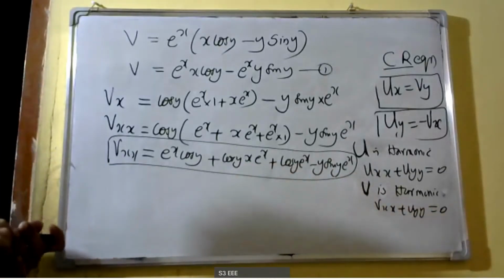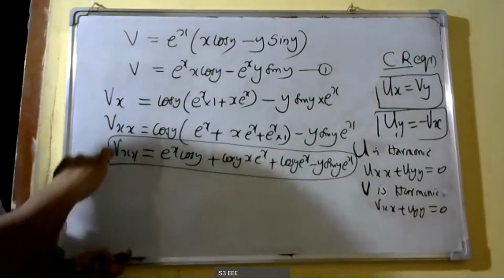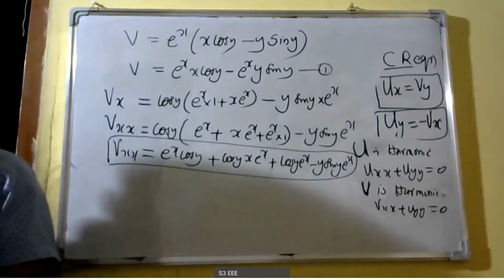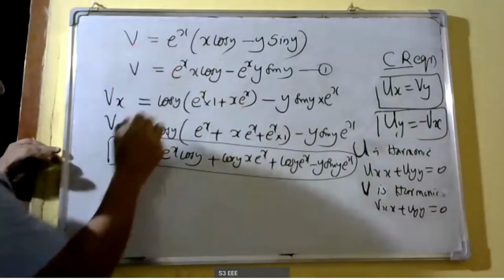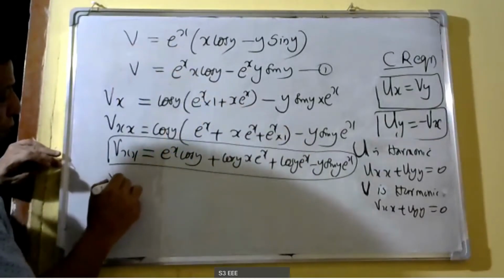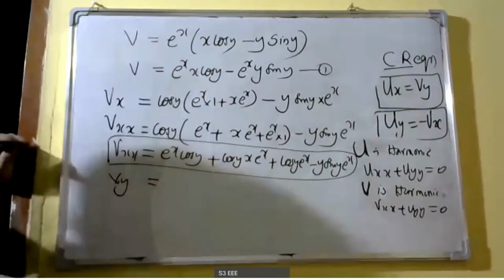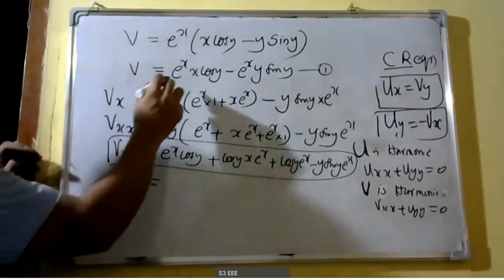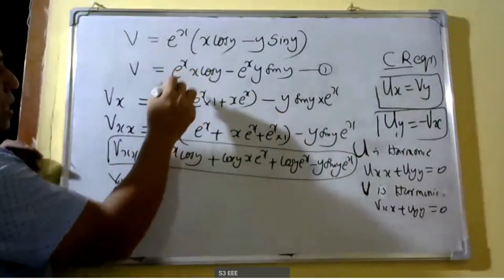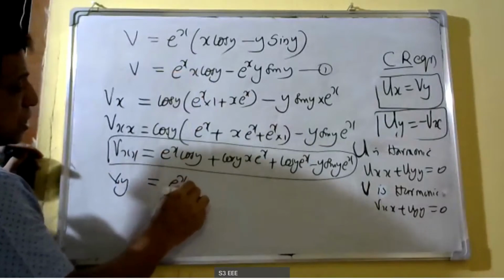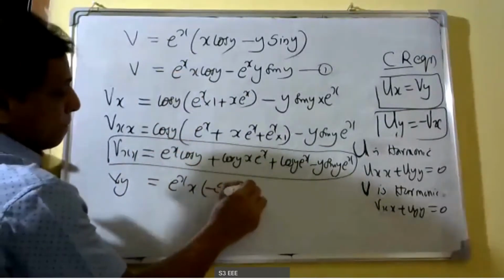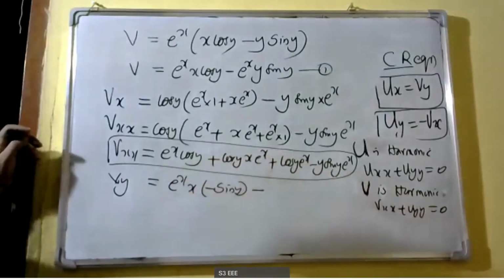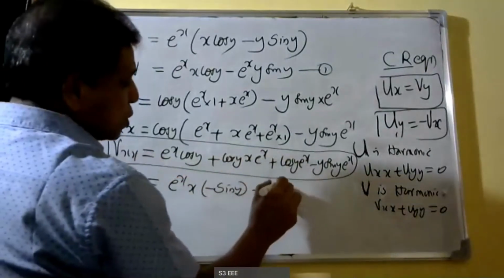Similarly, we can differentiate with respect to y. Therefore, v equal to e raised to x into x cos y minus e raised to x into y sin y. Differentiate with respect to y, Vy. E raised to x into x is constant; for cos y, the derivative is minus sin y. Minus. In the second case, e raised to x is constant.